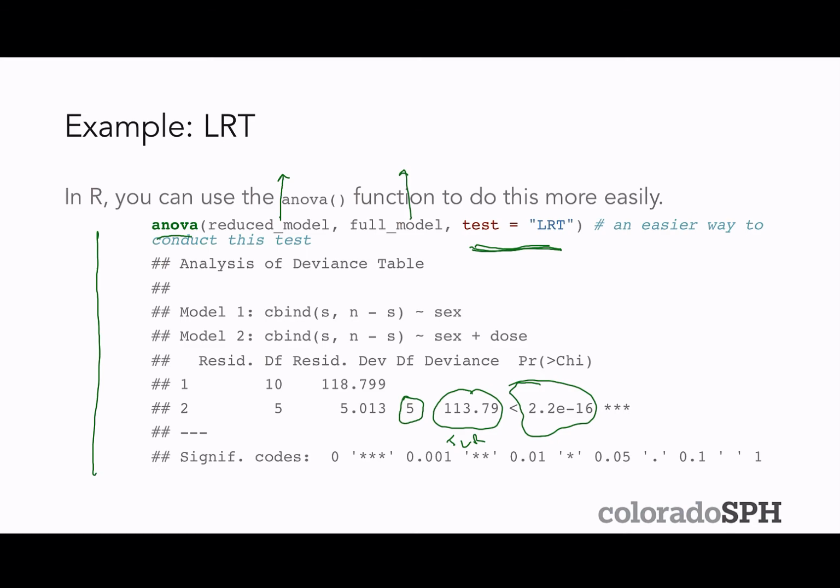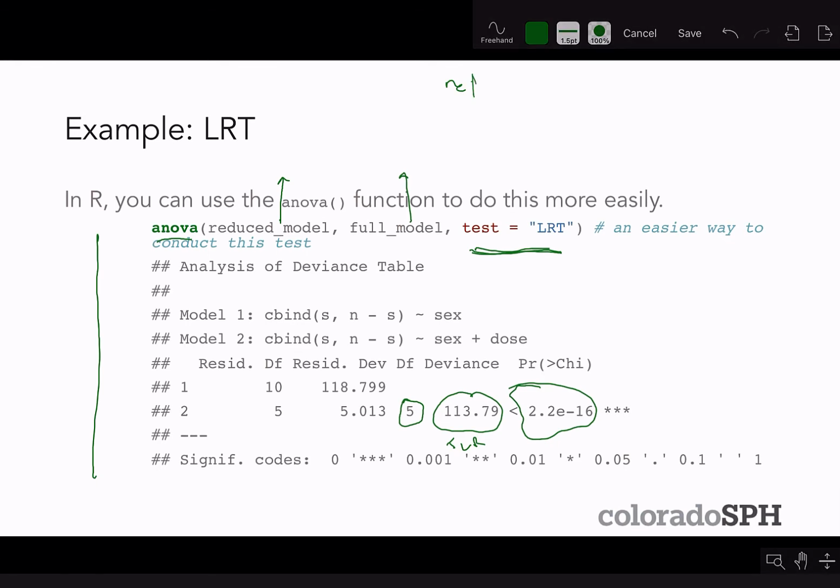So instead I could have a reduced model that is, say, an intercept only model, and a full model that has the intercept and sex and dose in the model. And you can compare these two models in the same way.